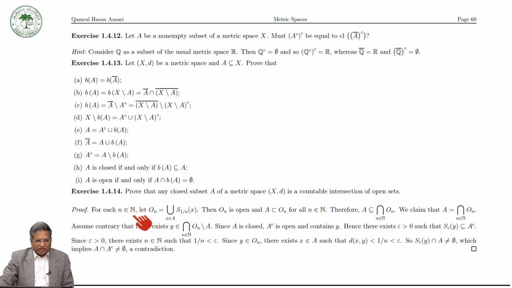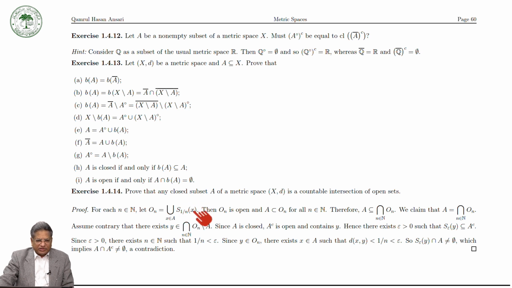So let us see. For each natural number n, we can define O_n equal to the union of open balls with center at x and radius 1 over n, for all x in A. This is your open ball, your open sphere with center at x and radius 1 over n.